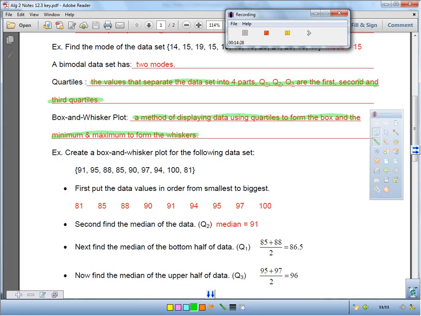Okay, don't write down this other stuff yet. We'll do that together. Just get the definitions of quartiles and the box and whisker plot.